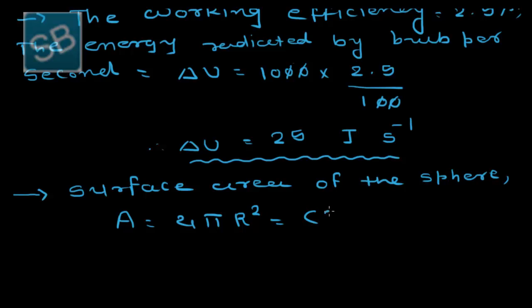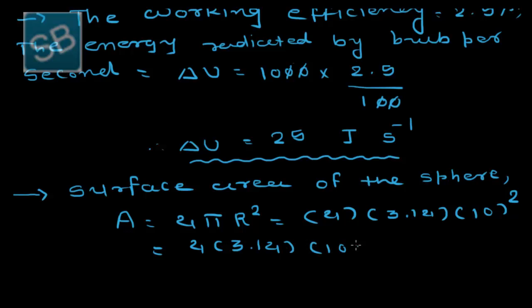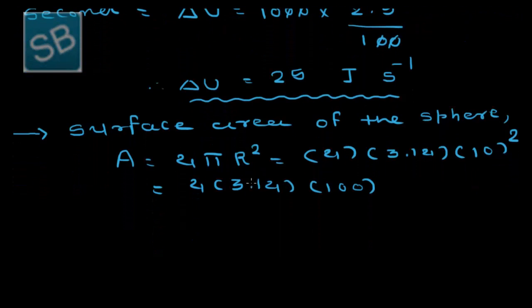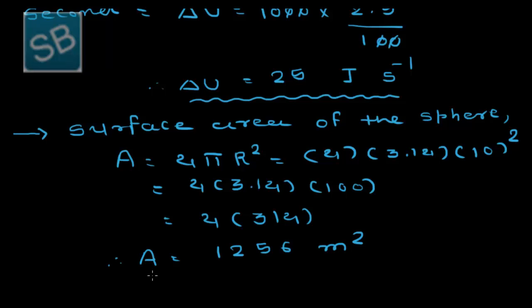So 4 pi is 3.14 and r square, where r is 10 meter, so 10 square. That is equal to 4 into 3.14 into 100, which is equal to 4 into 314, which is equal to 1256 meter square. Therefore, this is the surface area.